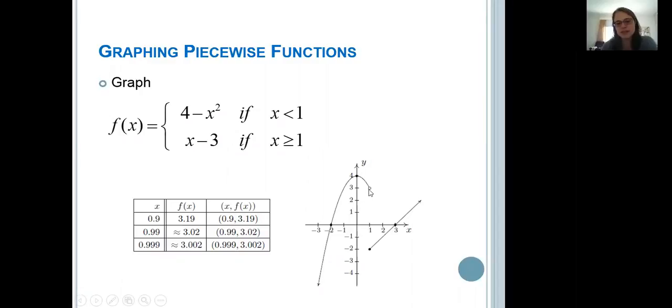But not ever actually equal to 3 along this parabola, because the minute x equals 1, we go to my second line on my graph, and my y value jumps to 1 minus 3 is -2. So this open circle means 3 is not on this part of the graph, but on this one. And one of these 2 points for x equals 1 has to be open. Otherwise, we don't have a function because we would fail the vertical line test, right?